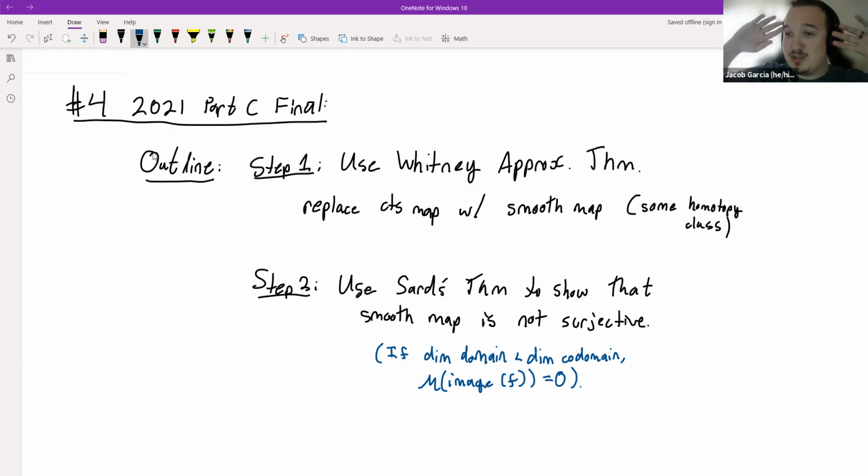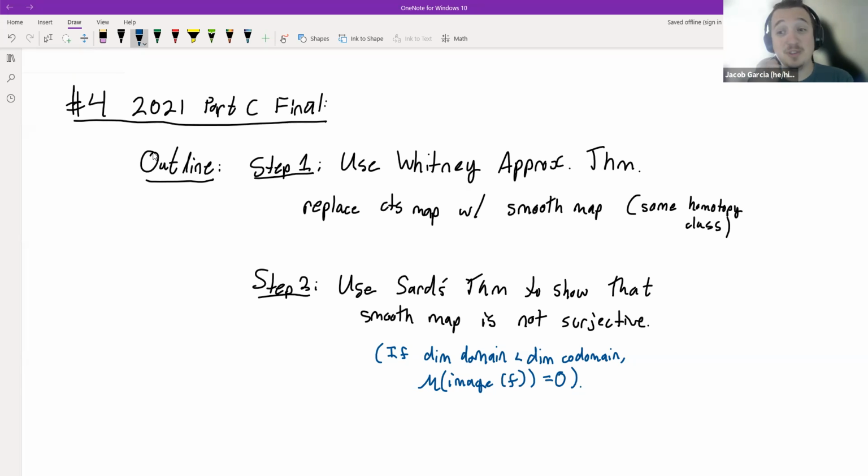The picture to keep in mind of measure 0 is that the rational numbers have measure 0 in the reals, right? And in particular, there's tons and tons of points which aren't in the image, right? Measure 0 is small compared to the codomain, and that means that the map is not surjective.